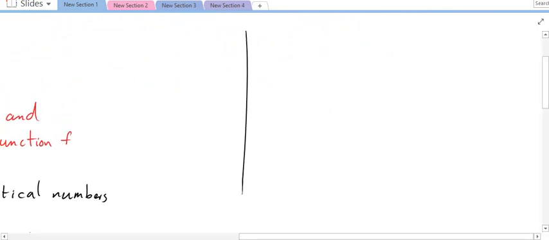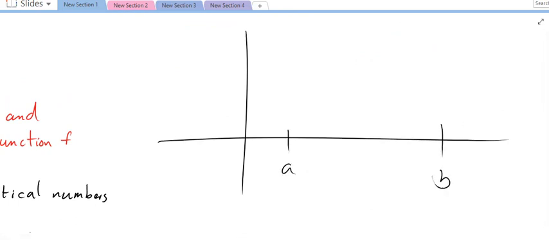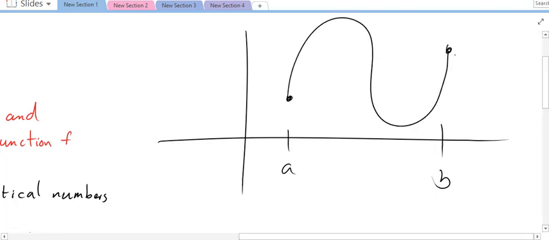So as long as you've got some continuous function on a to b, it doesn't matter what the function might be, if it's something like this, continuous, the point is the absolute mins and maxes are either going to occur at the endpoints or they are going to happen at some critical numbers, at some local min or max.